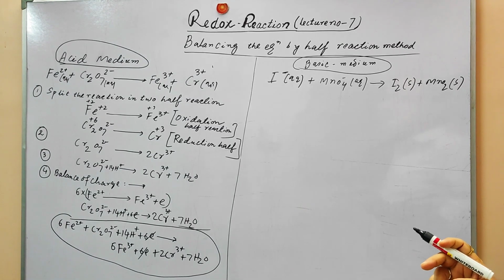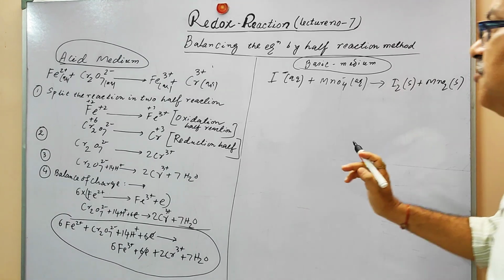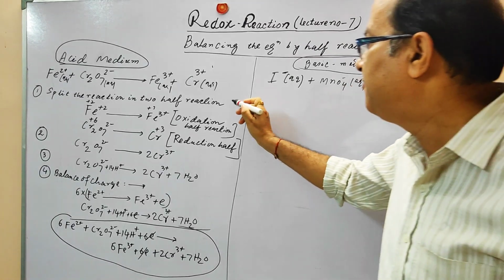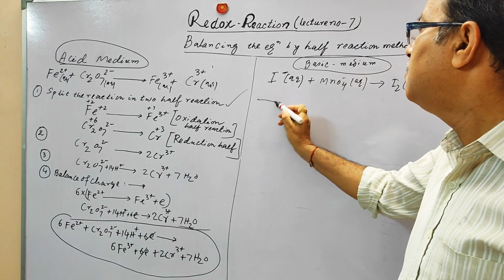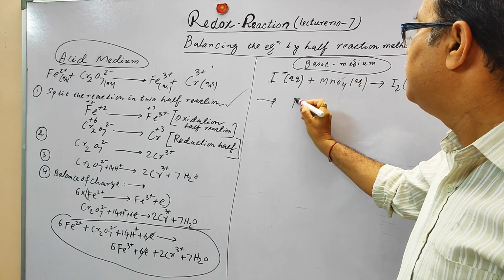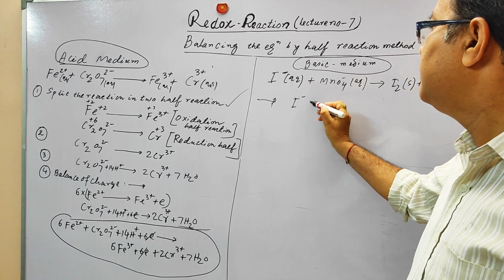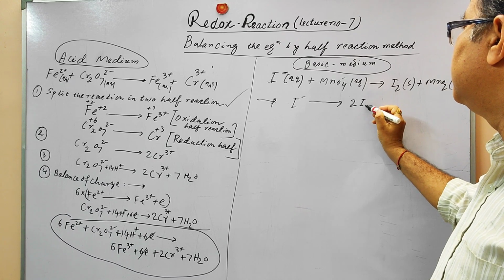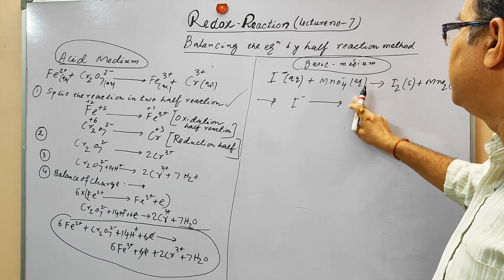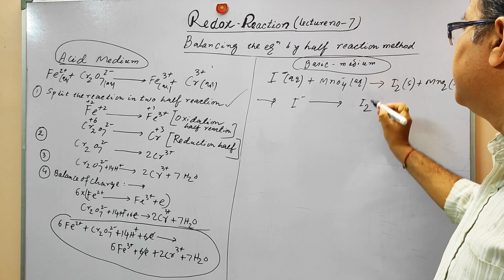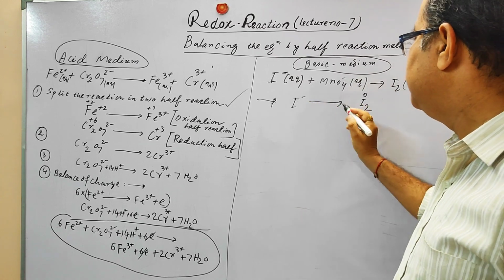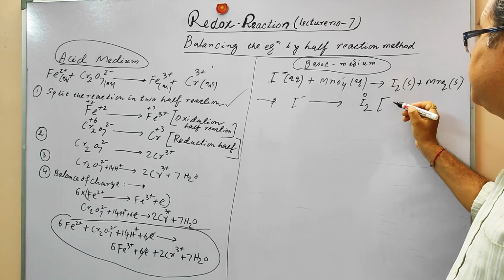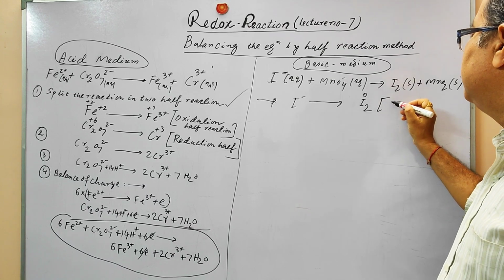So what we will do first, we have to split this reaction into the two half reactions. That is the first step. First we will write the oxidation half reaction. Now this is oxidized: iodide is oxidized into iodine molecules.